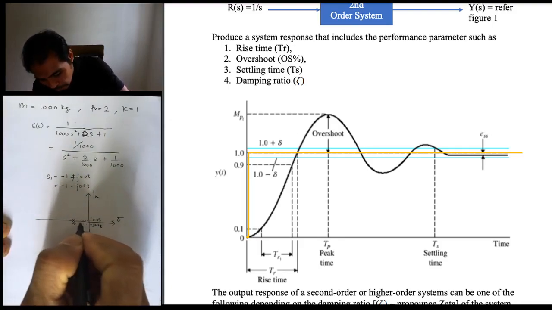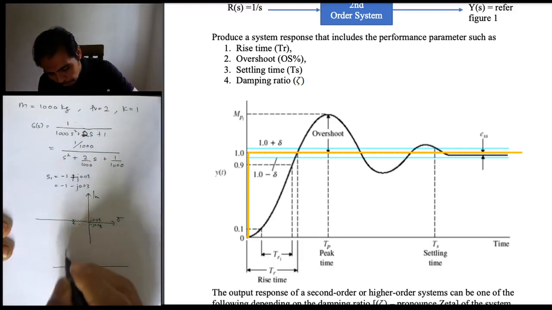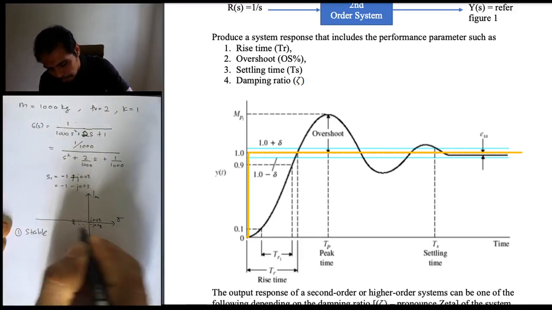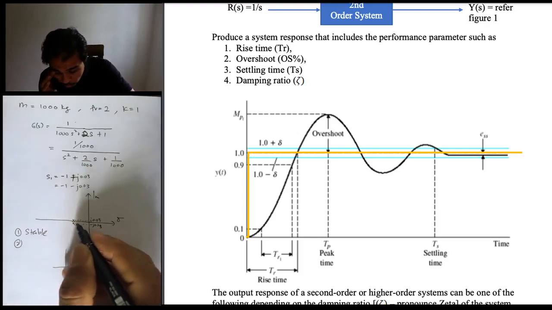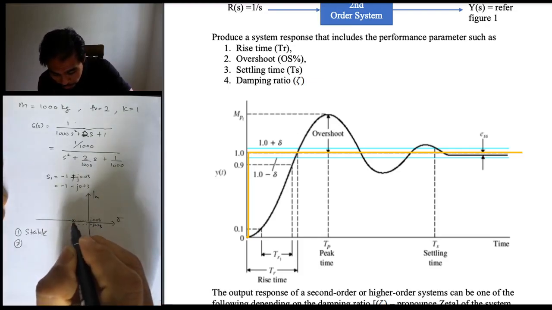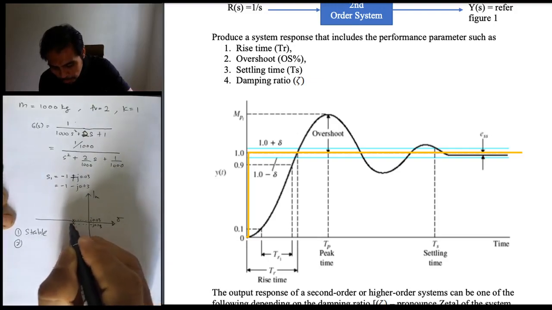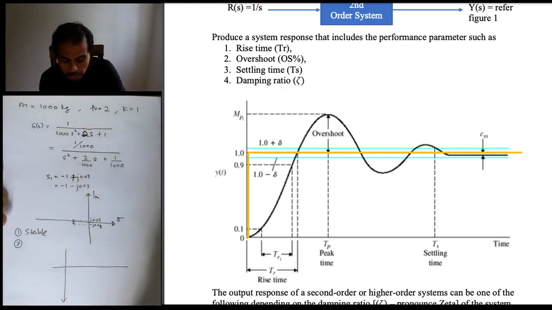So we'll see that the system is stable, because it's on the left hand side, but the system is nearly overdamped, slightly, it's just above the real axis. That means it is close to the overdamped system, but it's still an underdamped system, right?